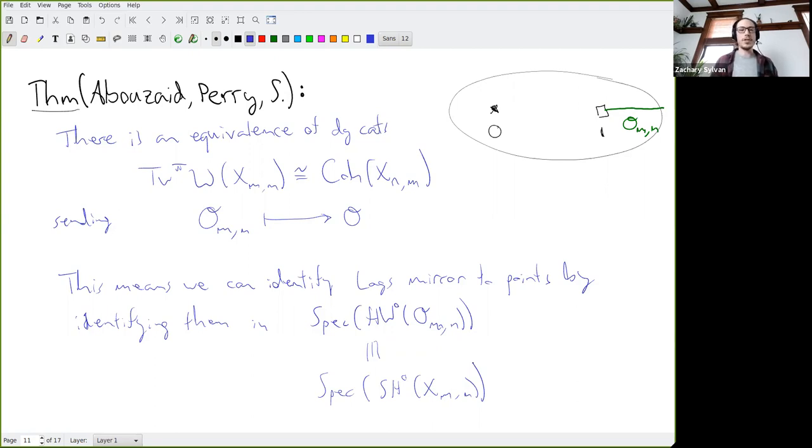If you put in areas, it would give essentially the same equation, the correct formula over the Novikov field, but for simplicity we're working this way.